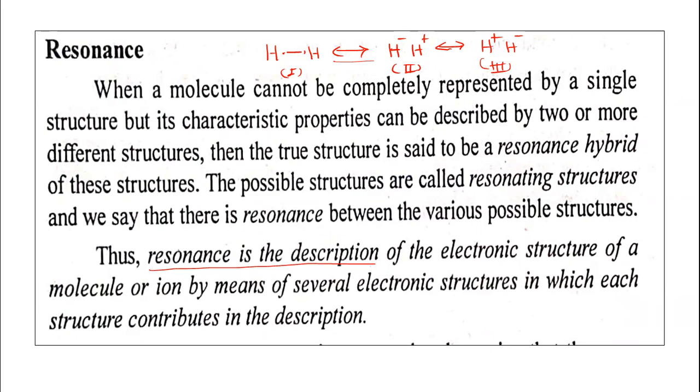One molecule can be represented by several electronic structures. It is just an electronic arrangement. The presence of resonance is confirmed by experimental results on the basis of the X-ray diffraction technique. The bond length in the molecule can be calculated, and on that basis we can explain the concept of the resonance energy.